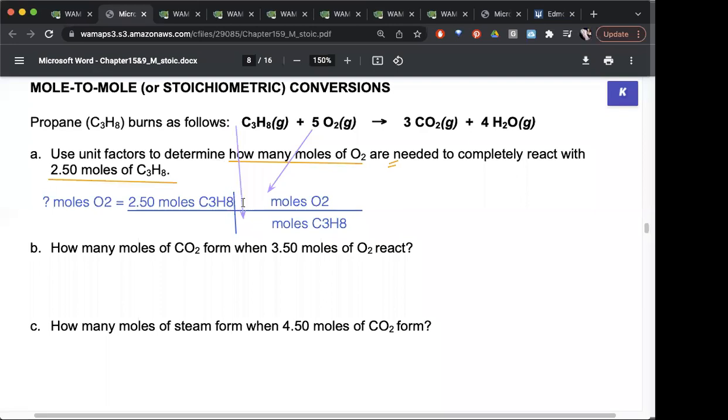That gives us the directions of what to do. It's going to take 5 moles of oxygen to burn 1 mole of propane. So that's 12.5 moles of oxygen.